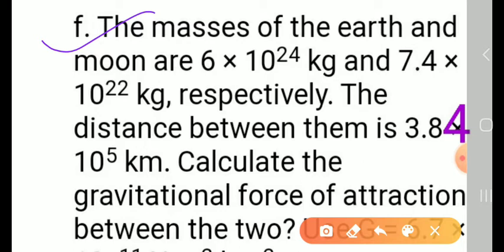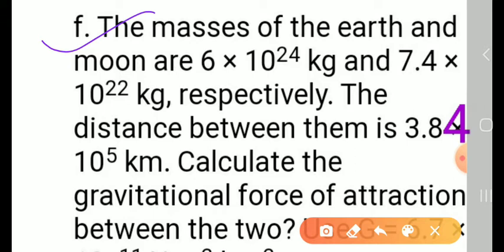The masses of the earth and the moon are 6 into 10 raised to 24 kilogram and 7.4 into 10 raised to 20 kilogram respectively. The distance between them is 3.84 into 10 raised to 5 kilometer.